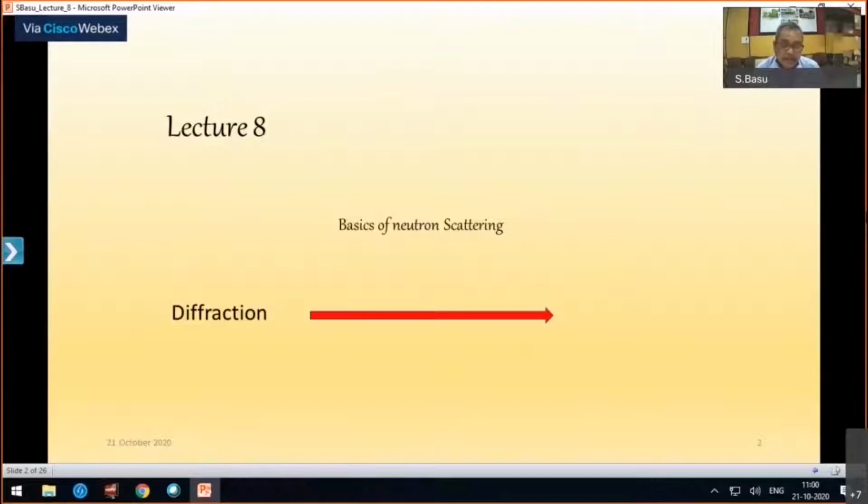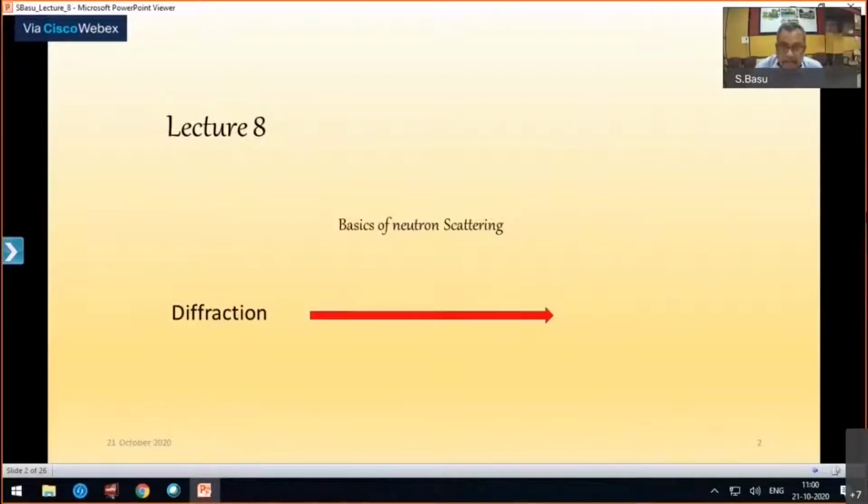So for diffraction, I have gone as per priority of most of the researchers. The most sought after technique for many of you will be magnetic neutron diffraction to get the magnetic structure of your sample. And mostly we work on powder samples, mostly, not all.